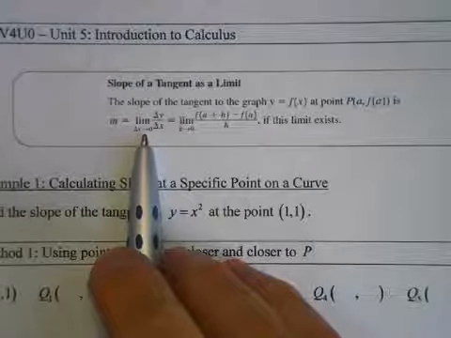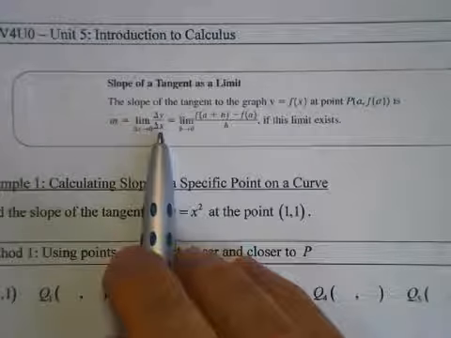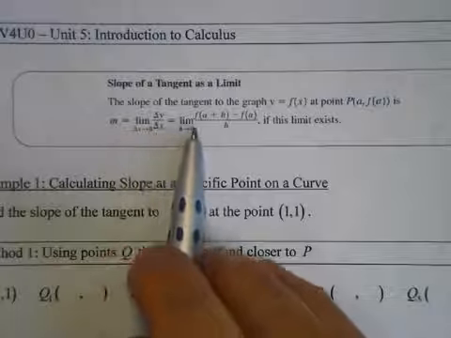So if I expand delta y over delta x, that's rise over run. In this, I've still got the limit.